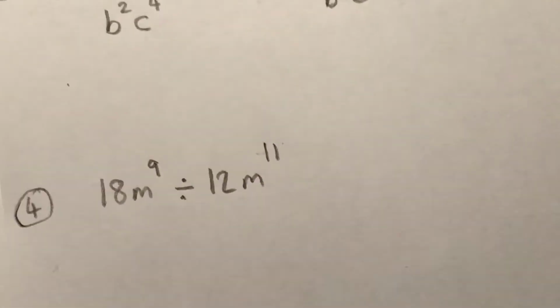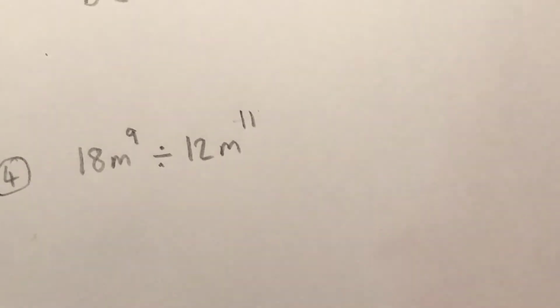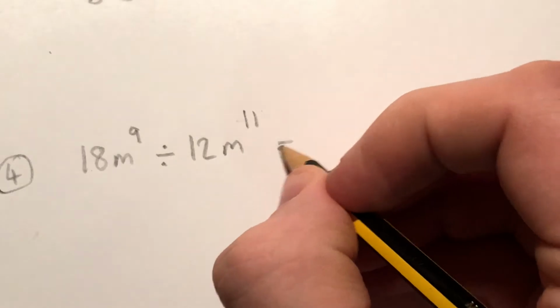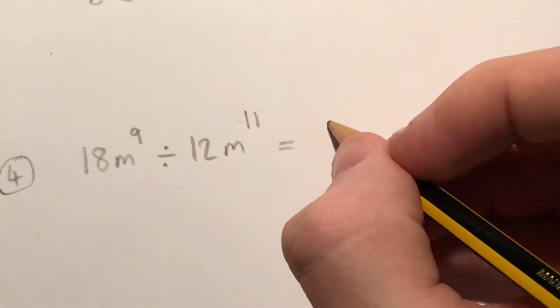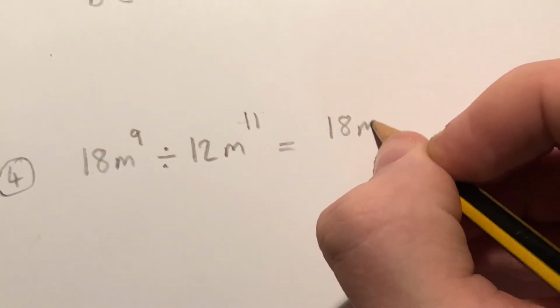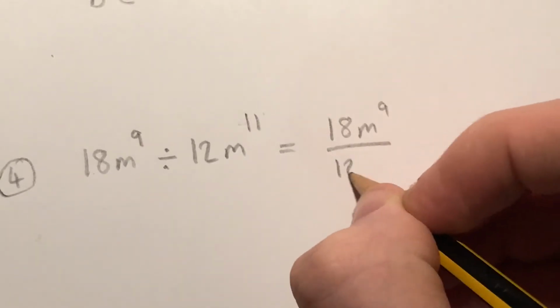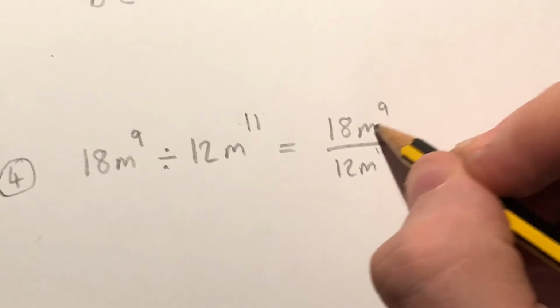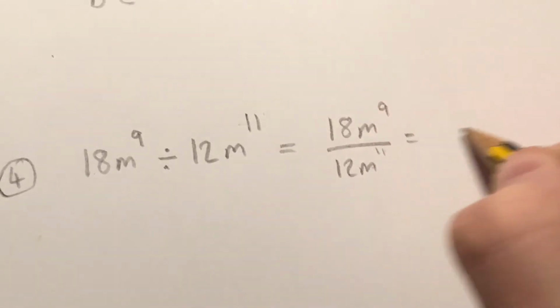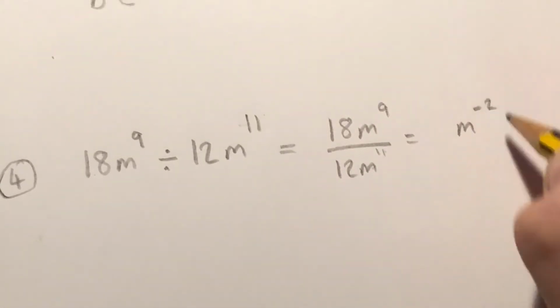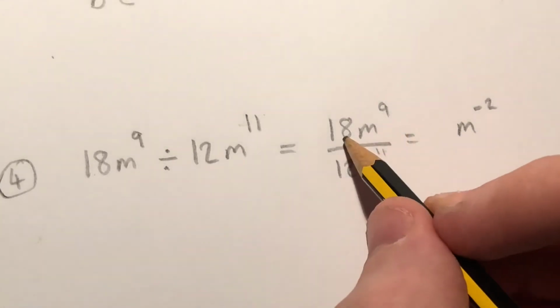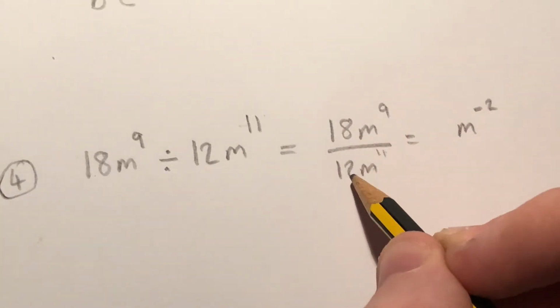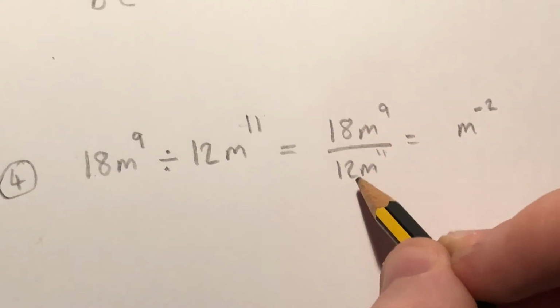Example number 4. Now, in every example we've done so far, the coefficients have divided exactly. This is not the case here. So I'm going to rewrite this as a fraction instead and see what we can do with it. So I've got 18 m to the power of 9 over 12m to the power of 11. Now we know that m to the power of 9 divided by m to the 11 will give us m to the power of minus 2. What are the coefficients then? 18 and 12, they don't go in exactly.